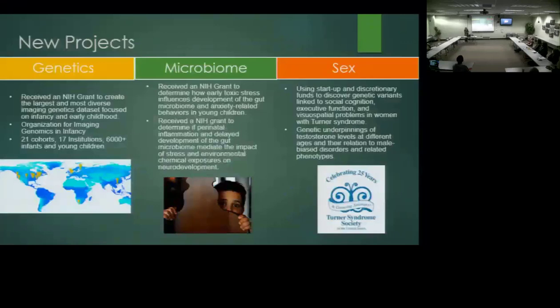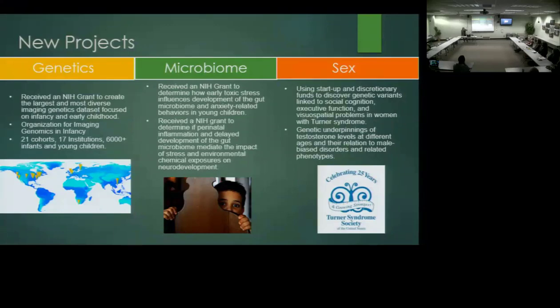I'll give you a little heads up for new things coming down the line. In terms of genetics, about 1.5 years ago, we received a large grant from the NIH to create the largest and most diverse imaging data set ever focused on infancy and early childhood. So we can address that problem of small sample size and lack of replication data sets and lack of diversity.